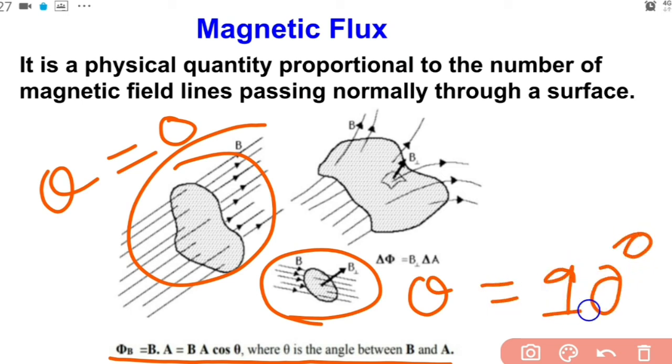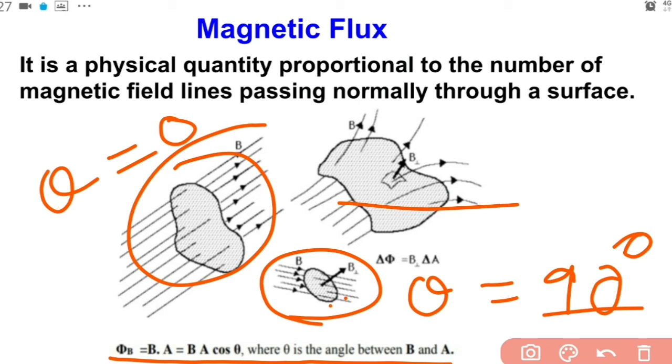As you know, cos 90 is 0. So in this particular case the flux will be equal to 0. This is an arbitrary situation. That means the angle between area vector and magnetic field is any angle, not 0 or 90 degrees.